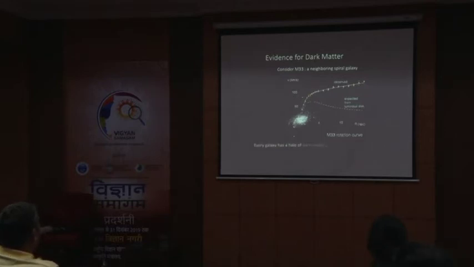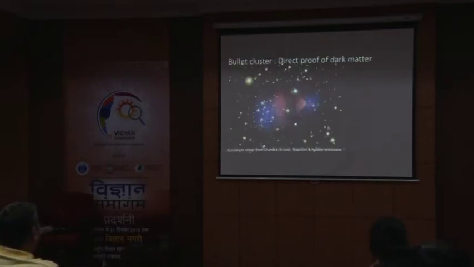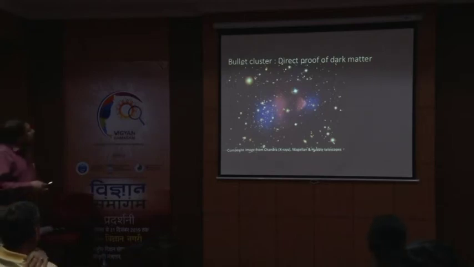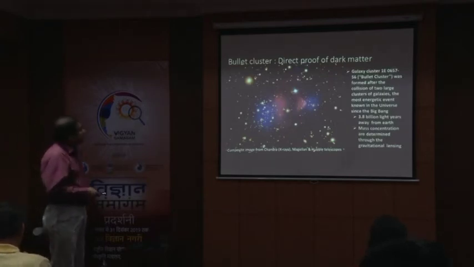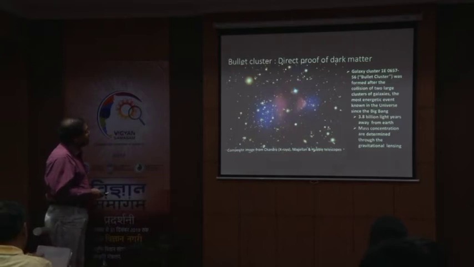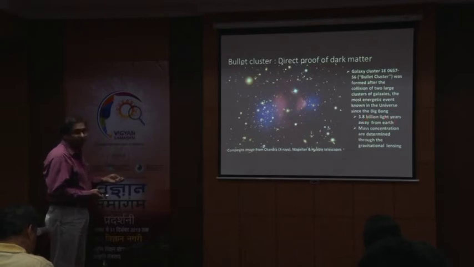Okay, evidence number 2: every galaxy has this kind of dark matter. Then the bullet cluster, this is the direct proof. What happened here happened quite some time ago, 3.8 billion light years away from us.